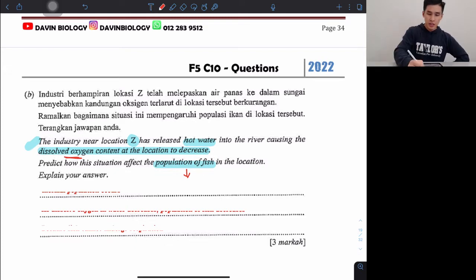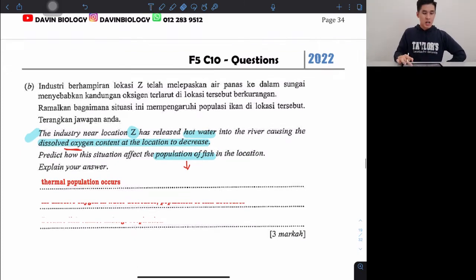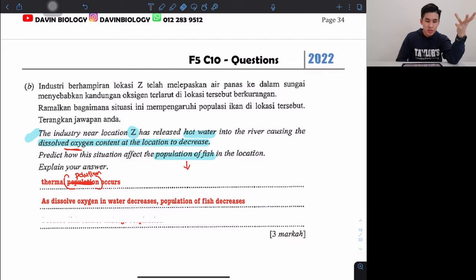But first off, I begin this question by saying thermal pollution occurs. So sorry here. So yeah, thermal means temperature, means the temperature of the water is hot. That's called thermal pollution. So when there's no oxygen, fish decrease.